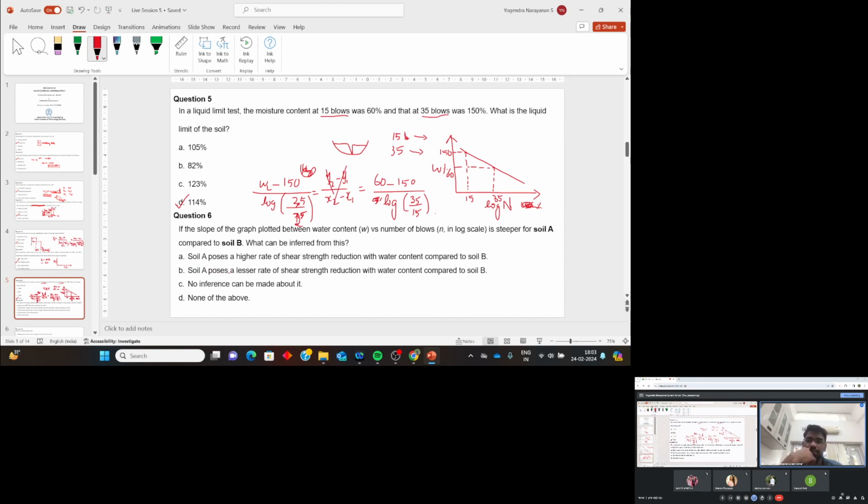Option A, soil A has a higher reduction of strength with increase in water content. Option B, soil A has lesser shear strength reduction with water content compared to soil B.